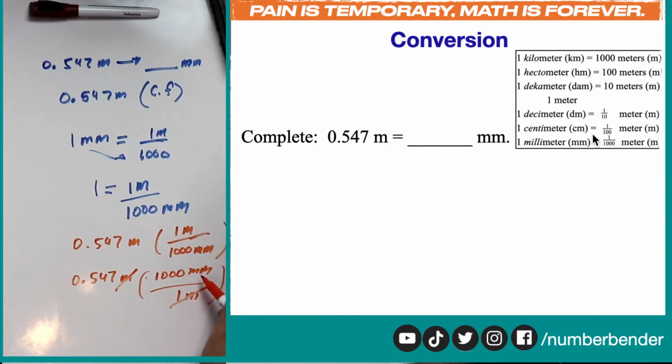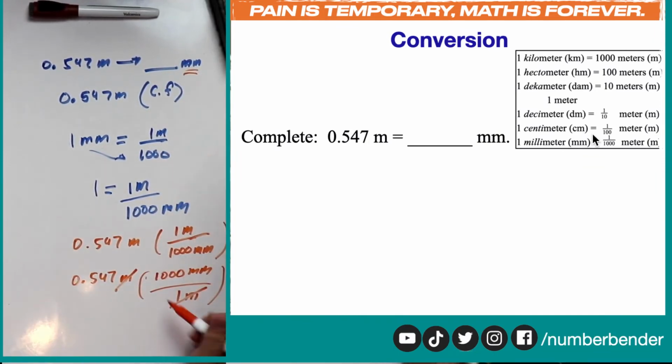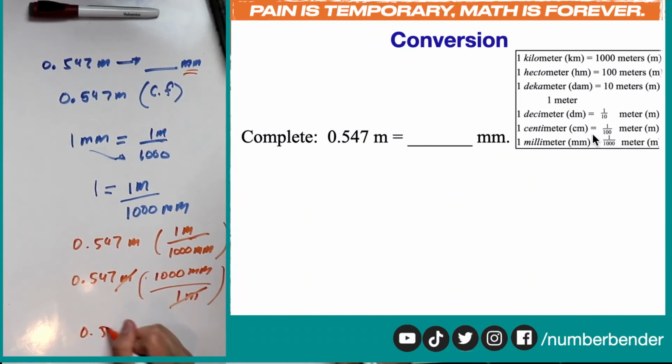We are left with mm, and we know that we're looking for the millimeters, so 0.547 times 1,000 millimeters is equal to the conversion that we're looking for. If we multiply 0.547 by 1,000, we have 547.000.